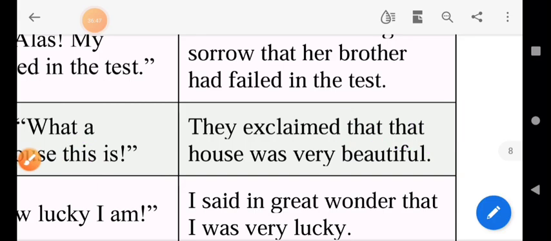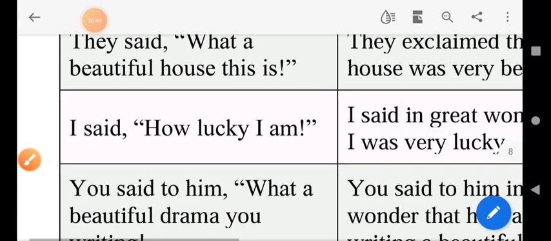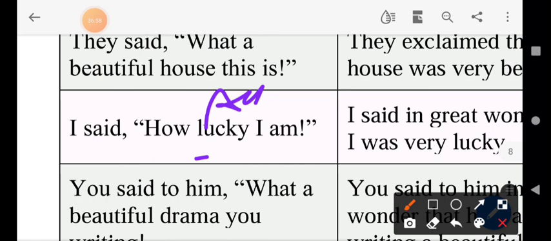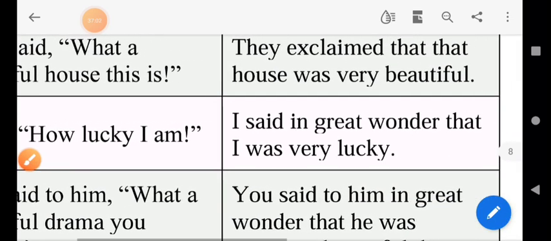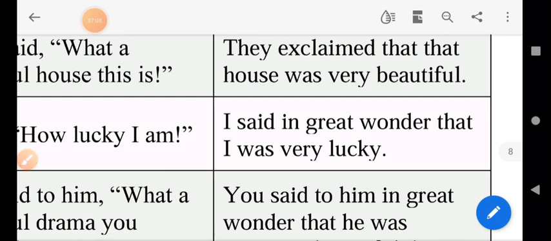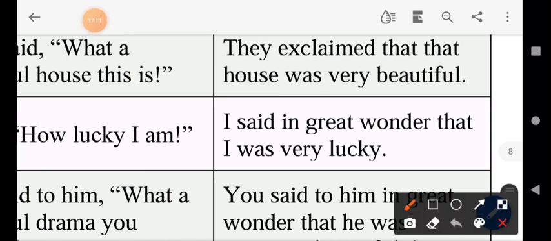And then the next example. I said, how lucky I am. Subject plus verb. How lucky, lucky is an adjective. This is first person. I said with great wonder. I exclaimed, not said, exclaimed with great wonder that I was very lucky.